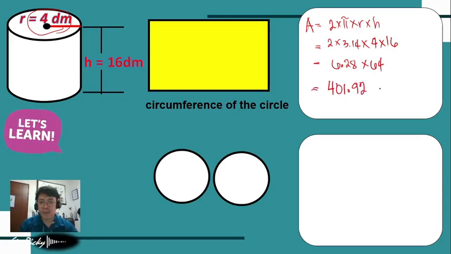401.92 square decimeters. Okay, this is not yet the total surface area, but this is only the area of the lateral face.